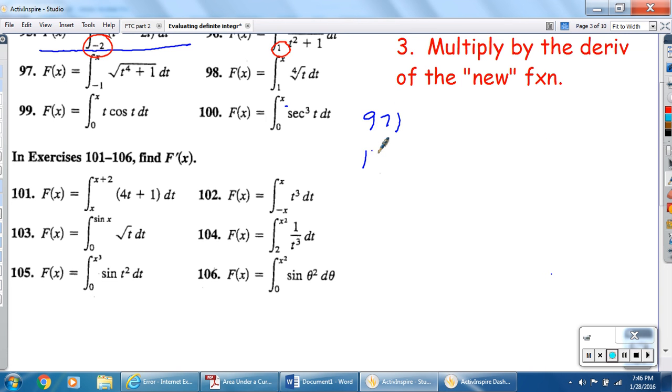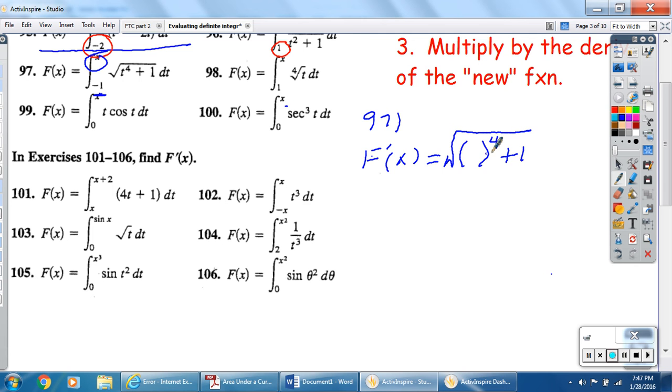In 97, we're finding the first derivative again. Our lower bound is -1. The upper bound is x. So we're going to take out the t, so we have the square root of t to the 4th power plus 1.